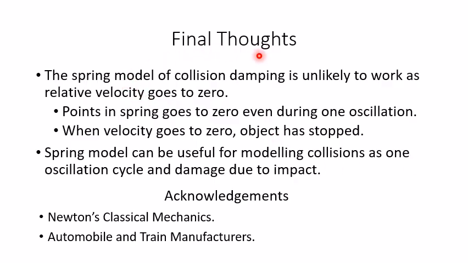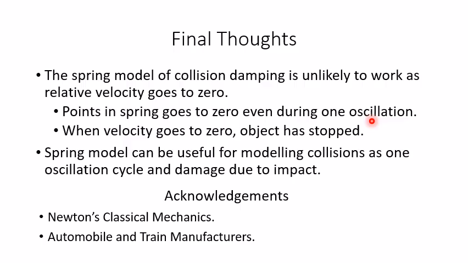So final thoughts on this presentation: the spring model of collision damping is unlikely to work as relative velocity goes to zero. So I've shown you a presentation and I am saying it may not work exactly the way it is supposed to. The point I'm trying to make is that when a spring compresses and expands, its velocity at one of the points goes to zero.